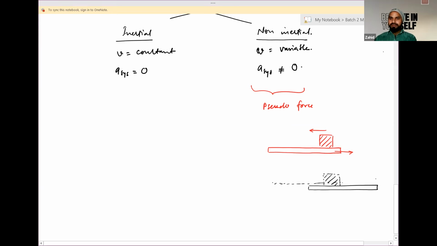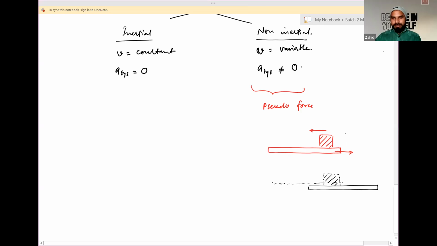But I'm observing from this end, so you will feel the block has displaced slightly leftward from its initial position. In actual, there will be no displacement in the block. There will be displacement in this plank only. Is it clear? Yes, sir.